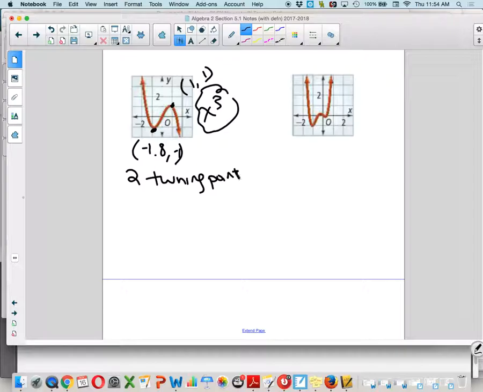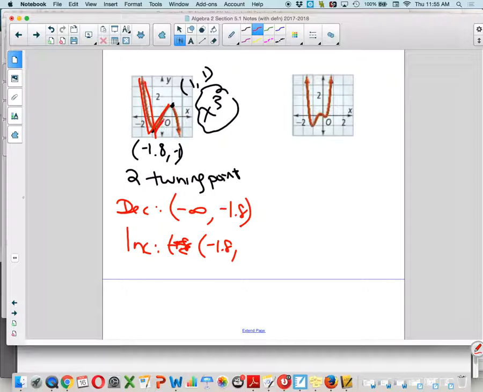Why? Because at this first turning point, it was decreasing, then increasing. So that first turning point at negative 1.8 is where it changes from decreasing to increasing. So I actually could say that it decreases from negative infinity down to negative 1.8. Then it changes to increasing at negative 1.8, sorry.